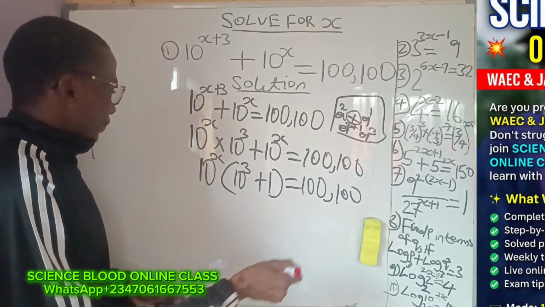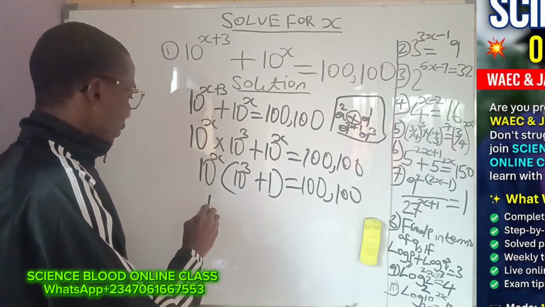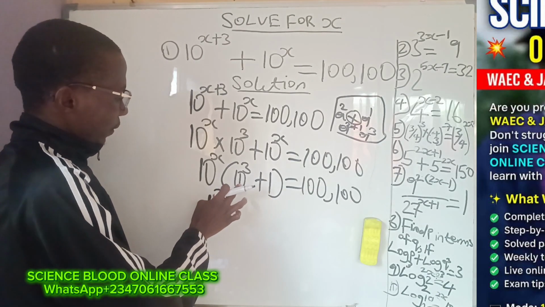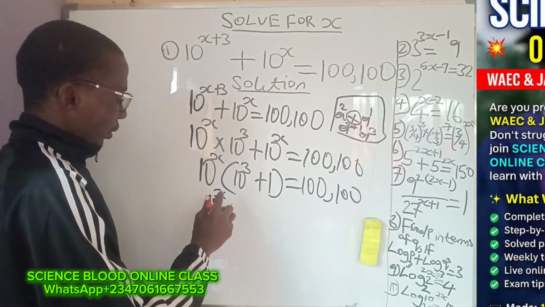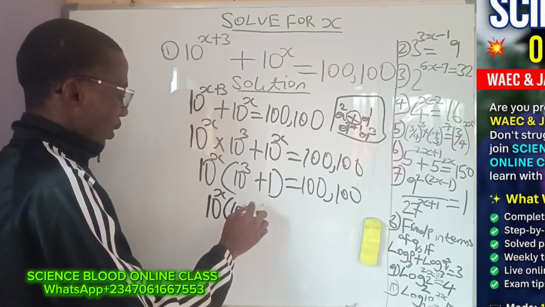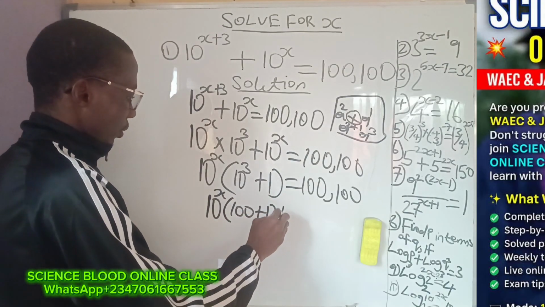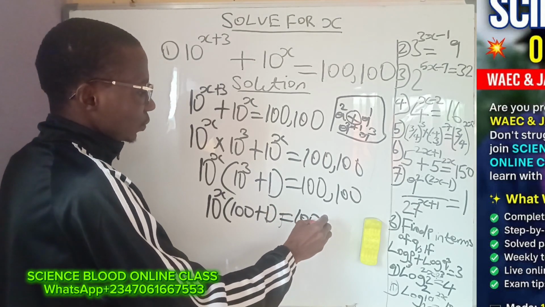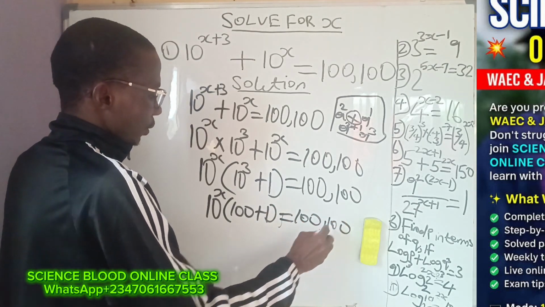Now what next? 10 to the power of 3 gives us 1,000, plus 1, equals 100,000.